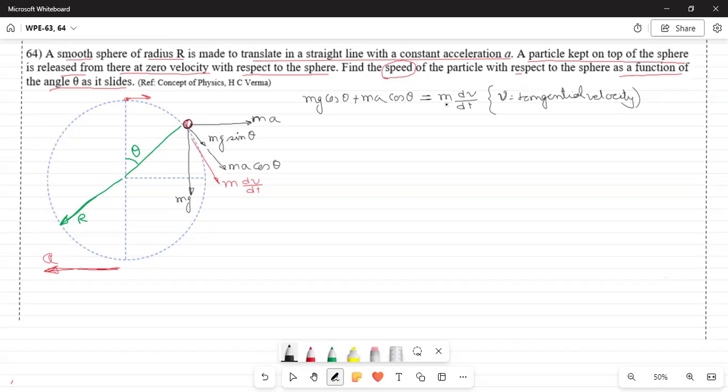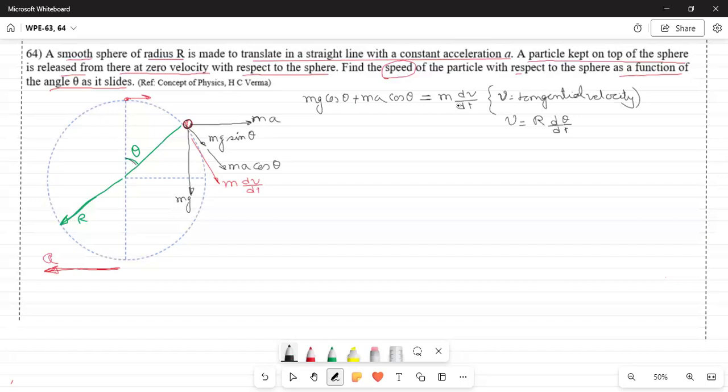Another thing, let us not forget, this v is also equal to R d theta dt, where theta is the angle measured in radians. Right? So putting this value of v, what do we get here?